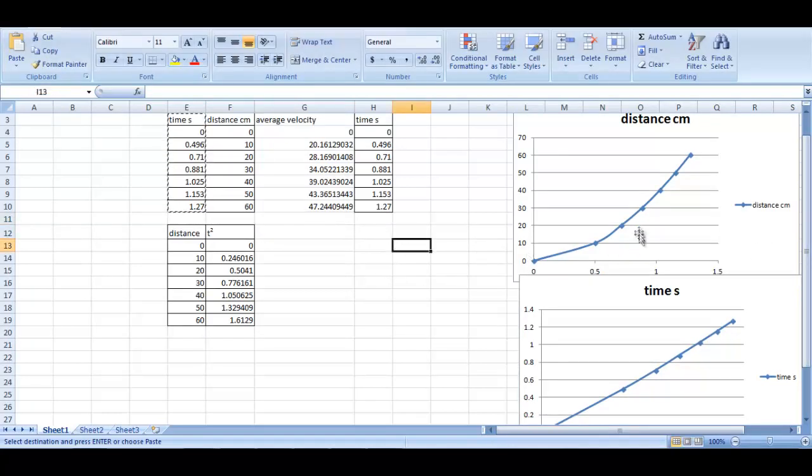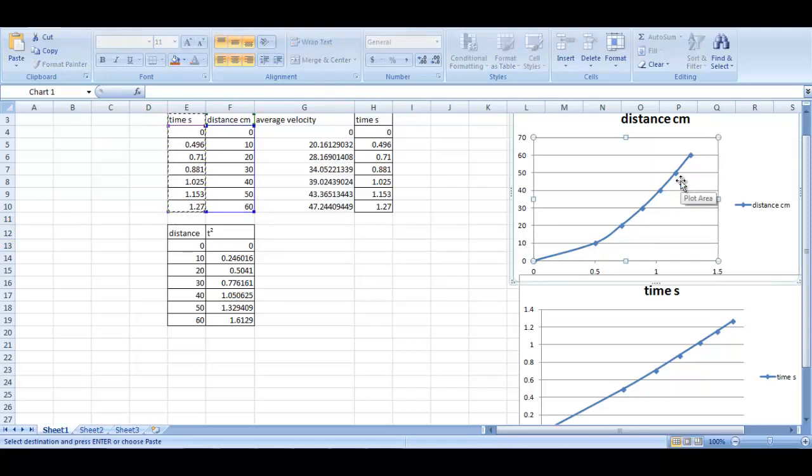All right, so those are two most important conclusions in this experiment. And if the students think that the distance is a second degree function of time, we can actually check it by doing this. So this is t squared, time squared, and we will take the square of the time here.